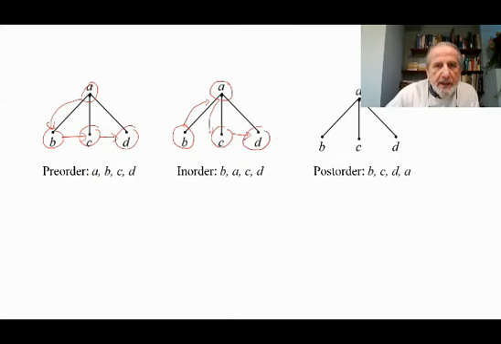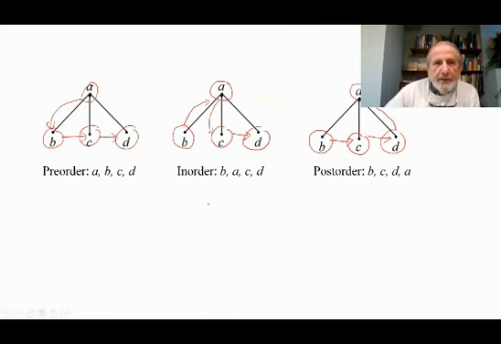It's B, A, C, D. The postorder, you start with the left child too, but now you do the other children first: B, C, D, and then you go to A.